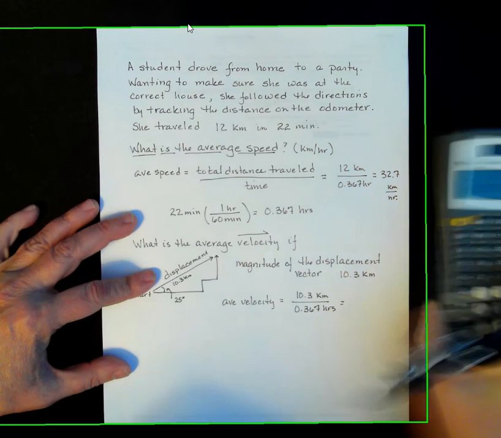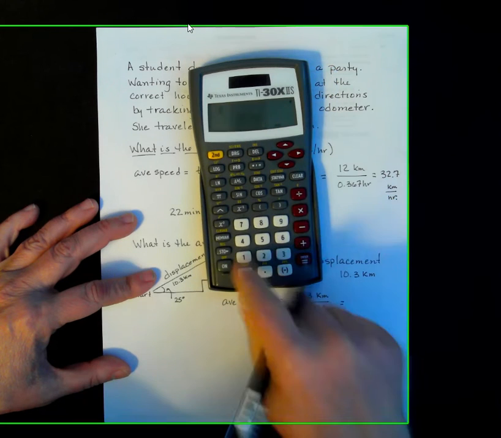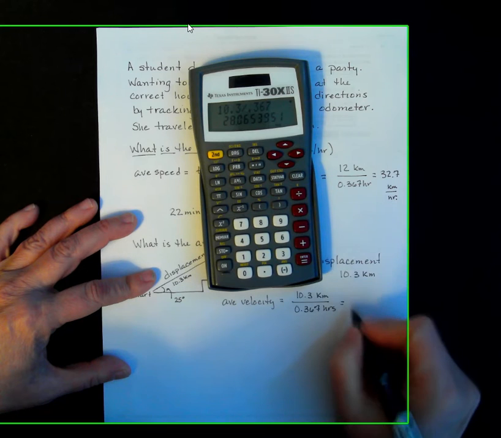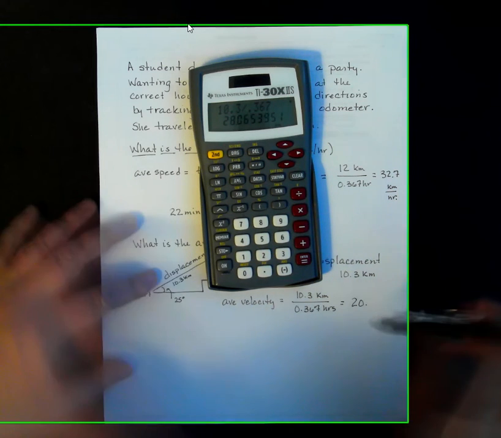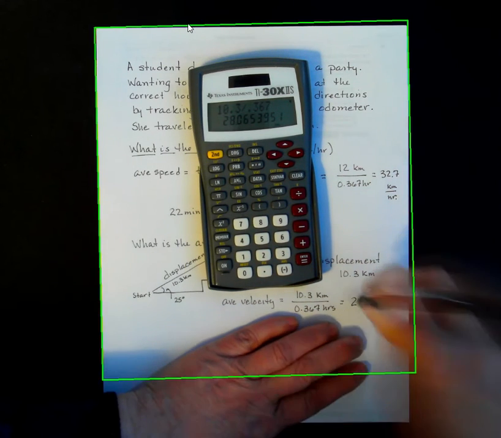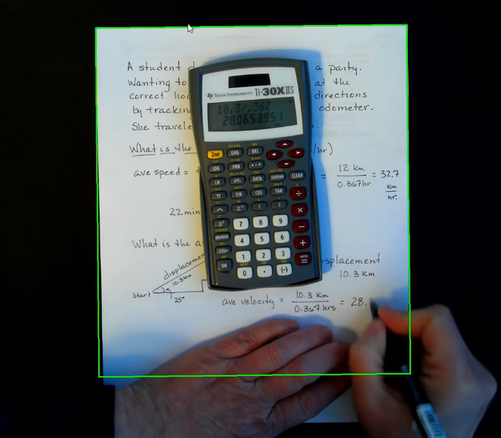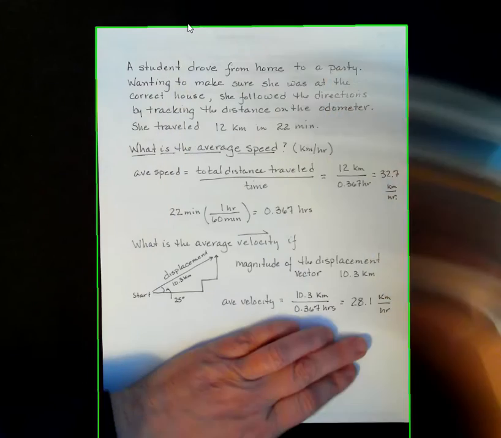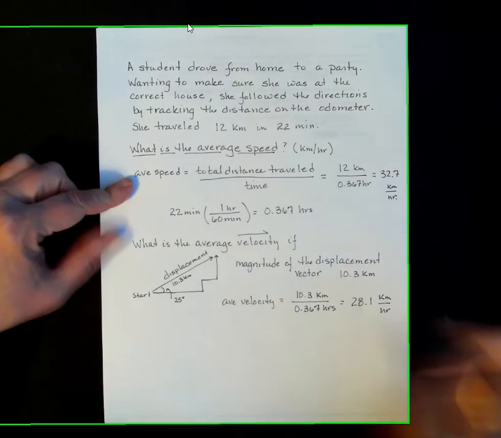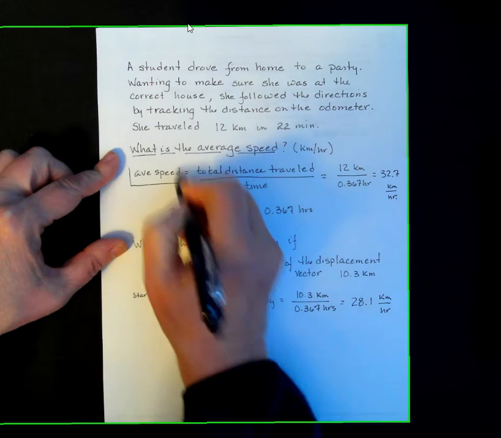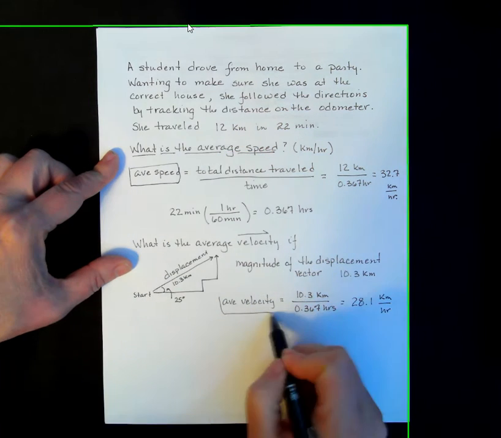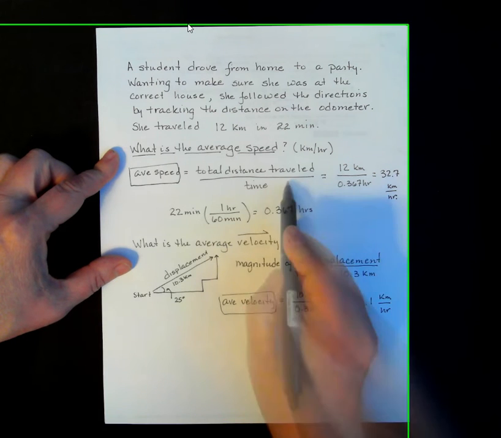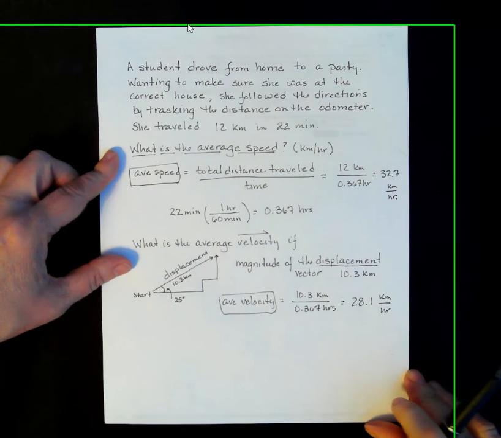And that is going to give us a value of 28, sorry, I just got my numbers reversed, 28.1 kilometers per hour. So you can start to see the difference between average speed and average velocity. One takes care of the displacement and one is related to the total distance traveled.